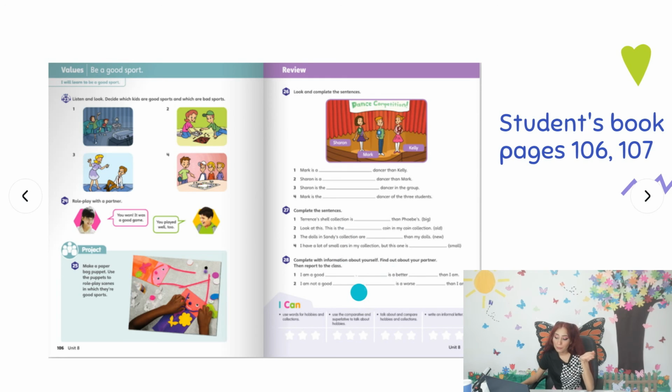I wrote about being a singer because that's what I like to do. You can write about any other activities, like being a chess player, being a soccer player. You need to compare yourself with other people. I don't agree with this, but this is the book's activity, and that's it.